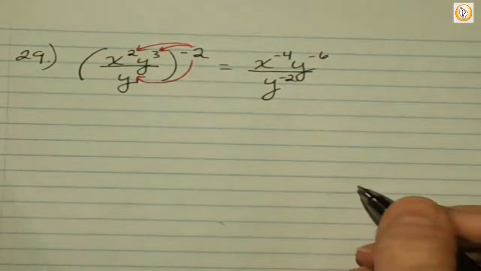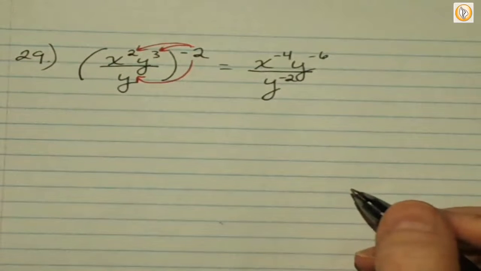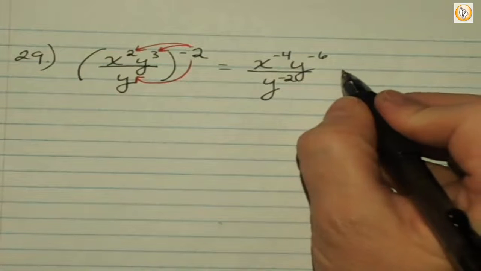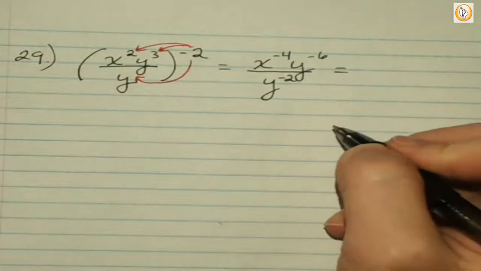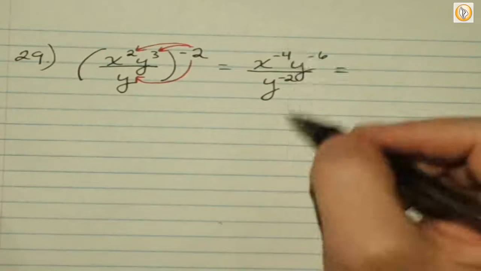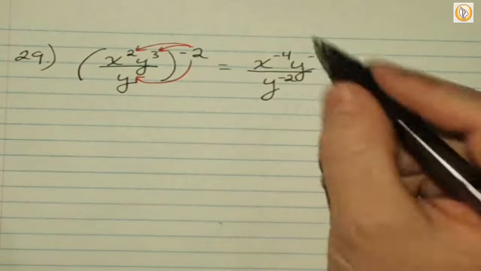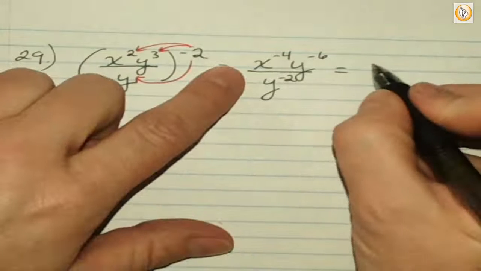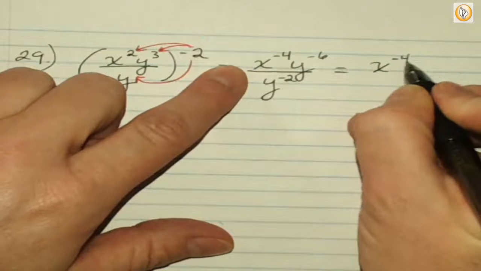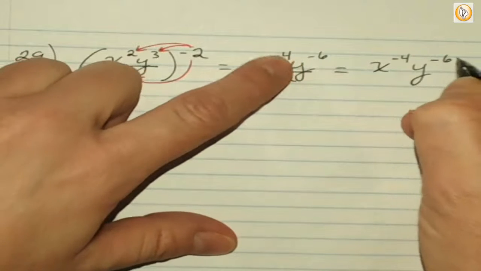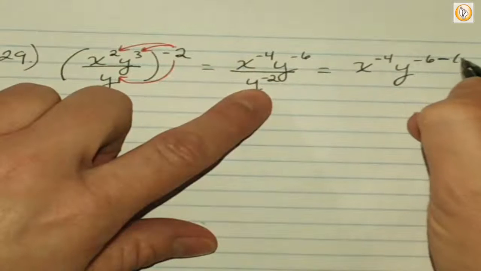Does everyone understand what he just did? Okay, so now what do we do? You would subtract the y's. Very good. Don't start flipping yet. The bases of y are the same, so we're going to have x to the negative 4 times y to the negative 6 minus negative 2.